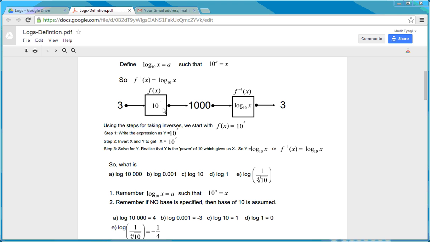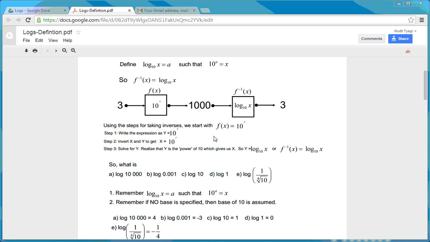And this is what inverse functions do. They revert the output of f of x and match it back to the input into the f of x.